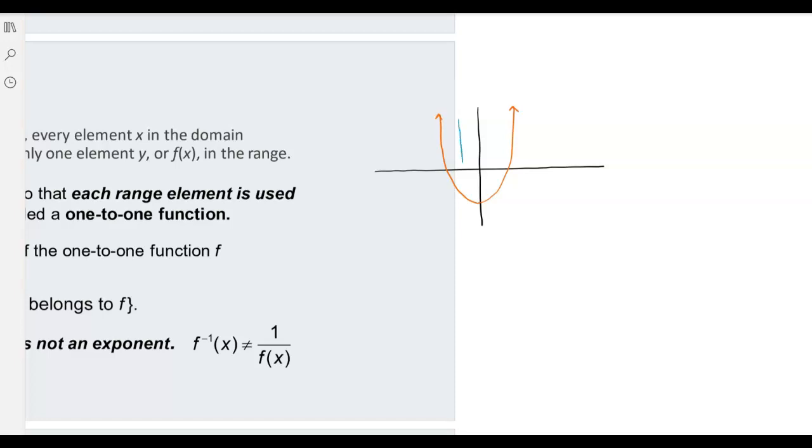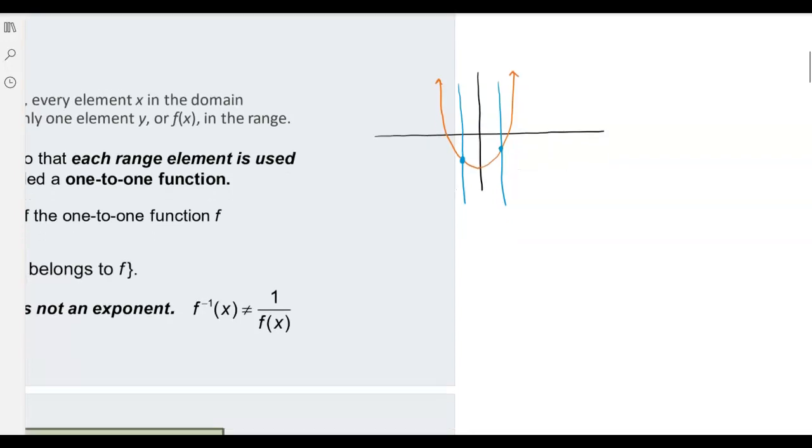If we can draw a vertical line anywhere on the function, and that vertical line intersects with the graph in only exactly one point, then we say that it passes the vertical line test and it is considered a function. So this passes the vertical line test. So this is a function.